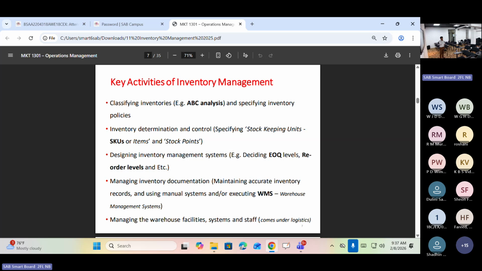Are they clear? We are going to discuss some of them in detail. But go through these key points and check whether you can understand them. Is it clear? Different activities of inventory management.